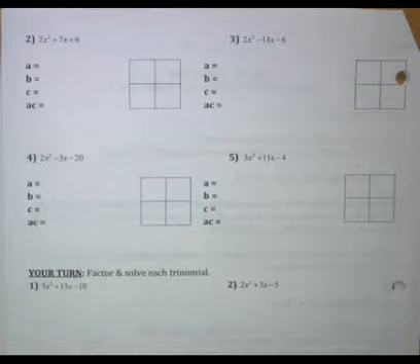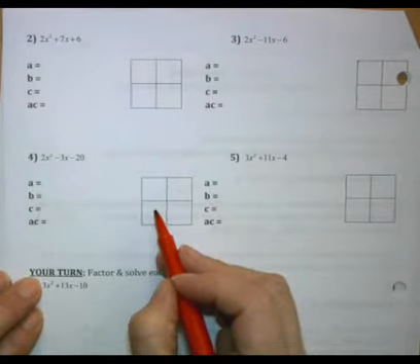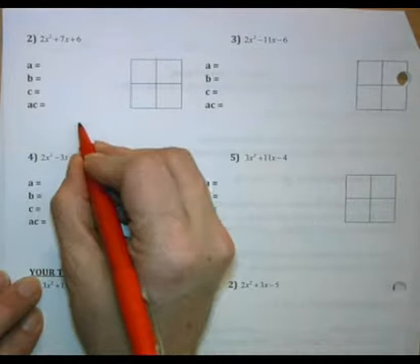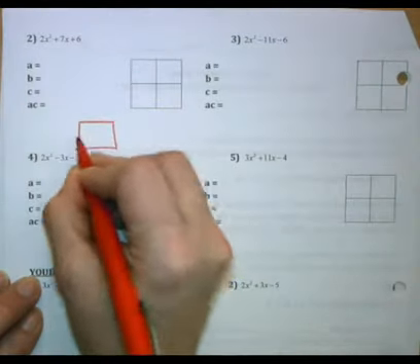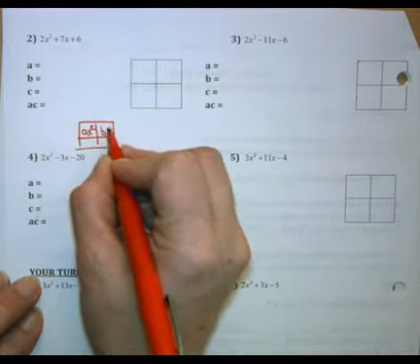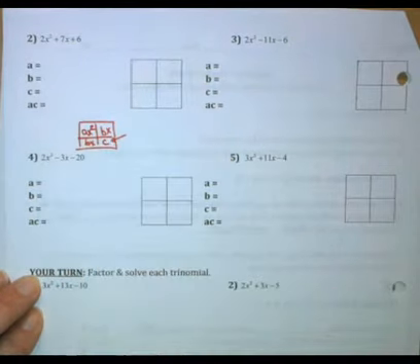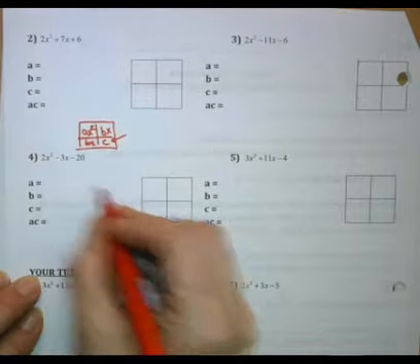Okay, so like I said, I'm only going to do select problems, but I just want to remind you, anytime I'm solving with the box method, I need to remember that my box will have ax squared and bx and bx and c. Please remember that that is a c. That is not a times c. So I can fill out what I know already.